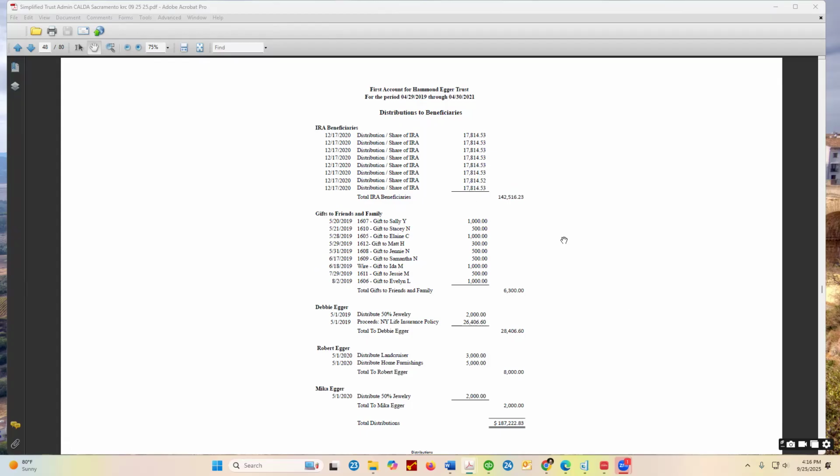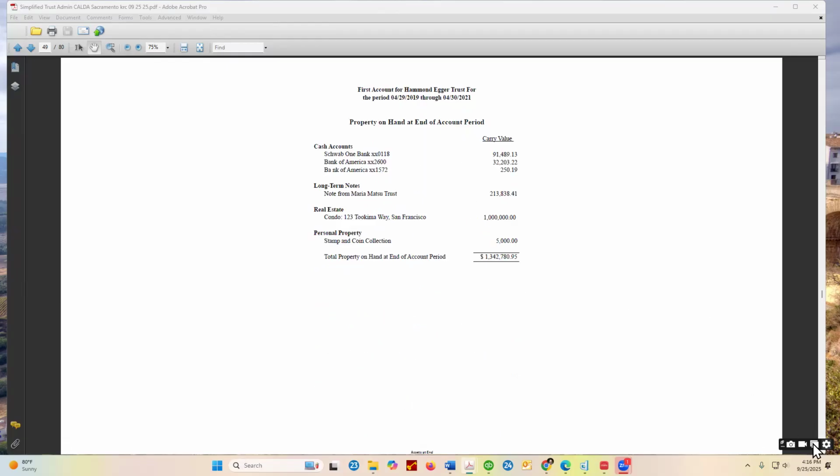And when you give money to the beneficiaries, you always get a receipt so that you can prove the amount that they received, and they don't ask for it again. And then you list all the property on hand at the end of the accounting period.